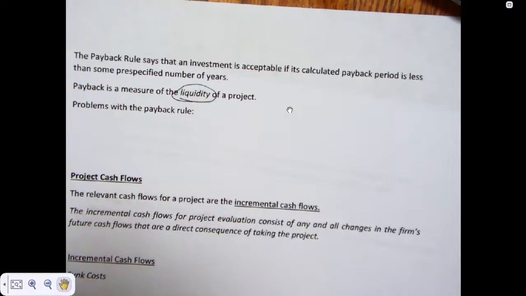So what happened in 2008 and 2009, and I even saw it personally with friends that I knew who owned businesses, is that it became more difficult to get a loan. And not because of the business. In my case, a friend of mine had a business that had been around for 20 years with a very stable customer base and very stable profitability.